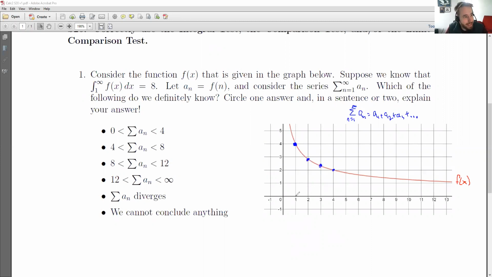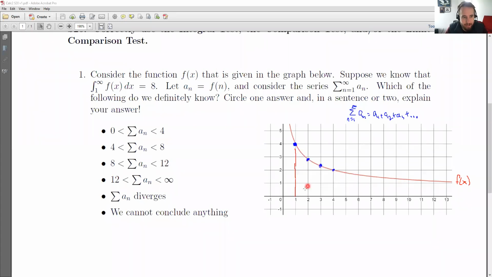The reason being that the integral from 1 to infinity of f of x dx is really supposed to be all the area here, trailing off towards infinity. It's supposed to be all of this area here. And that area is definitely larger than 8.